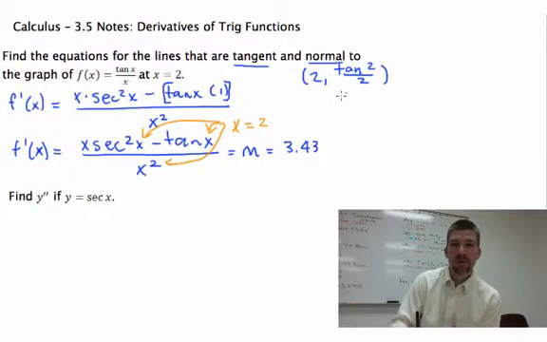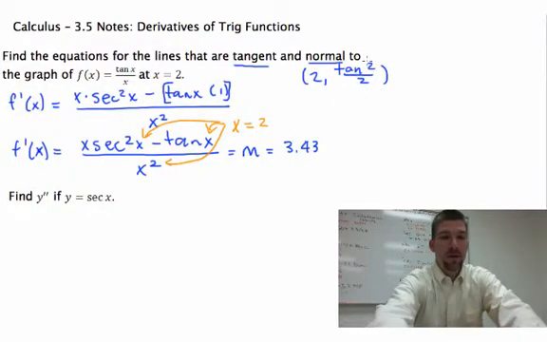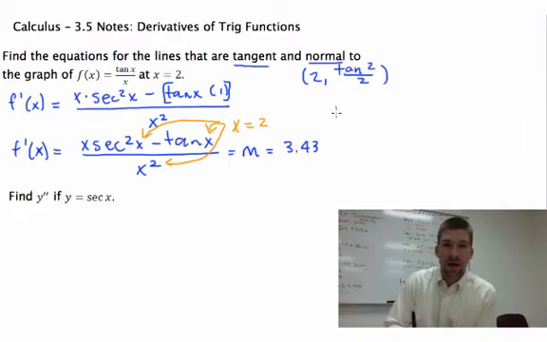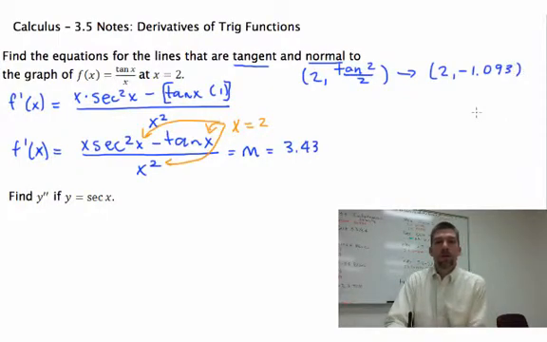And when you punch that into your calculator, the decimal form of that would be 2, and then the y coordinate would be negative 1.09, or 1.093, depending on how you round.